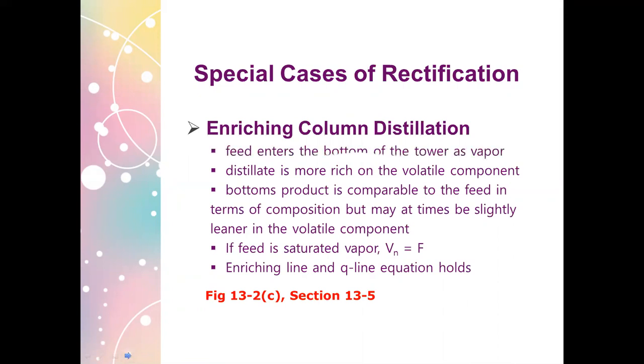So in this case, the feed enters the bottom of the tower. Susulian, naigid sila sang isa. So in the previous one, the feed is introduced on top of your tower, kaya wala naman siya babaw. And it's liquid. In here, the feed is introduced at the bottom of the tower, kaya wala naman siya dalom, but it's vapor. Its state is vapor.